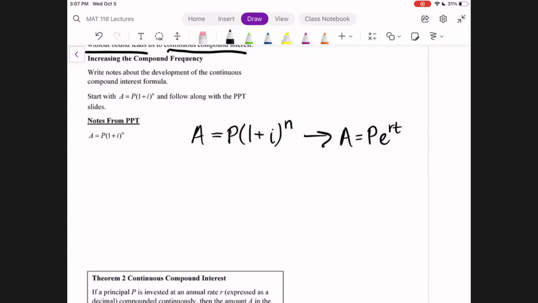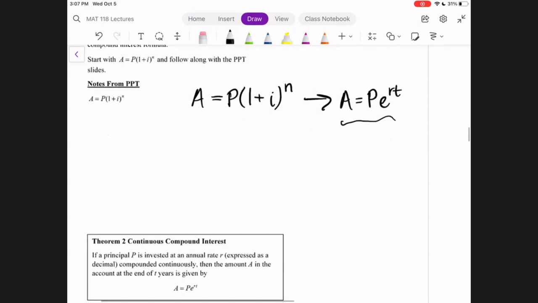Euler's number, that if I increase n as it goes to infinity, pretty much because I'm compounding forever, I have as many compoundings as I want, I get this formula here. Now there is a derivation. I don't know if it's in your book. Let me see. Yep, it's in your book. It's on page 137 if you're curious. But usually in the past when I talk about this, people have a headache. So we're not going to talk about the proof. Okay, just know if it's compounded continuous, this is our new formula.